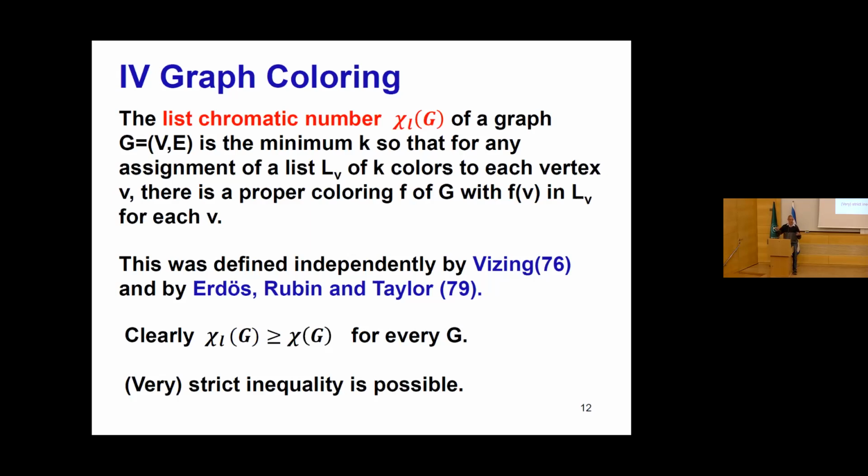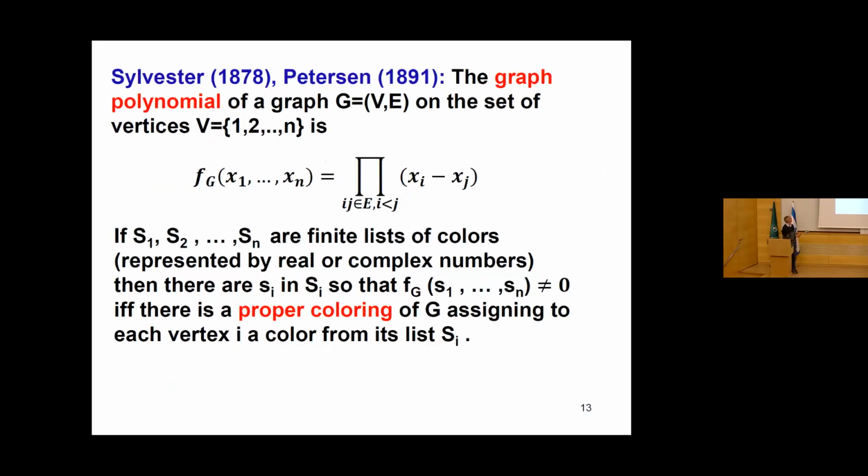So if one of these parameters tends to infinity, the other also tends to infinity, and of course you can have bipartite graphs with chromatic number 2 in which the degrees are very big. Each such graph will have a large list chromatic number. So in general, the list chromatic number can be much bigger than the chromatic number.